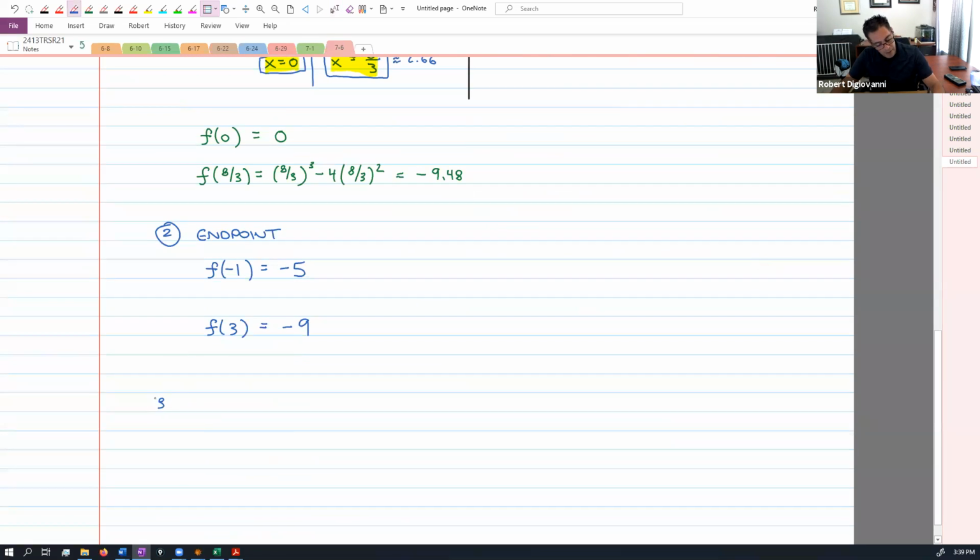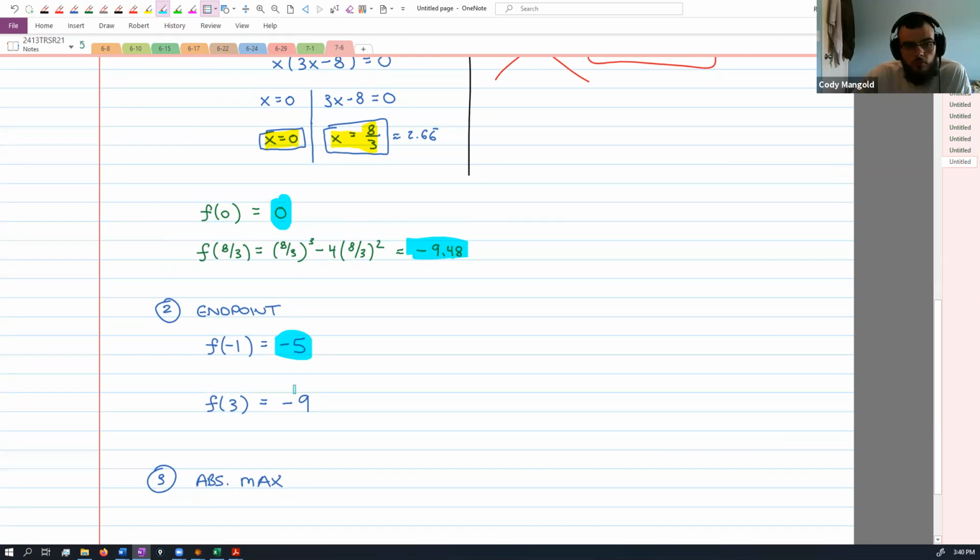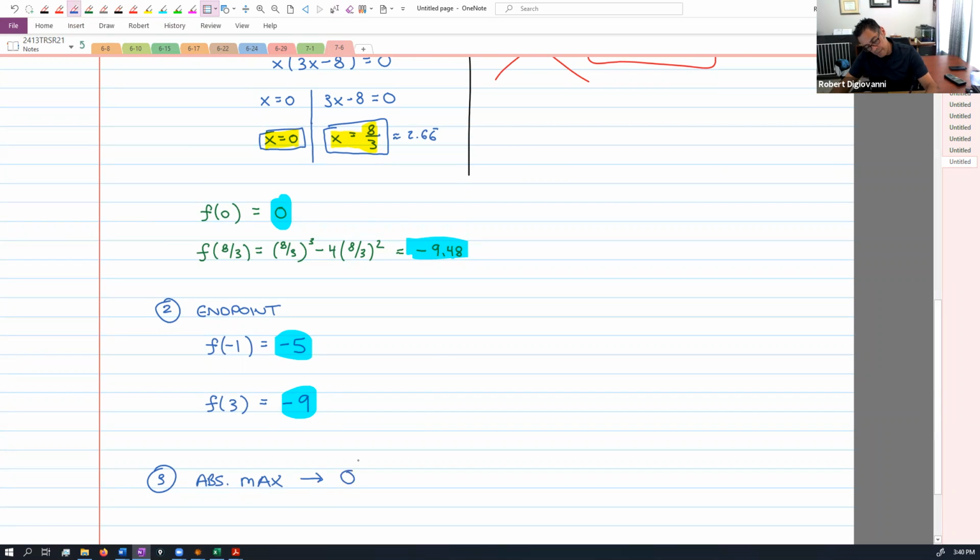So for step 3, let's talk about the absolute maximum first. What is the largest out of the numbers that we just found? 0 is the biggest number that we have. So the absolute max is 0, right? Yep.